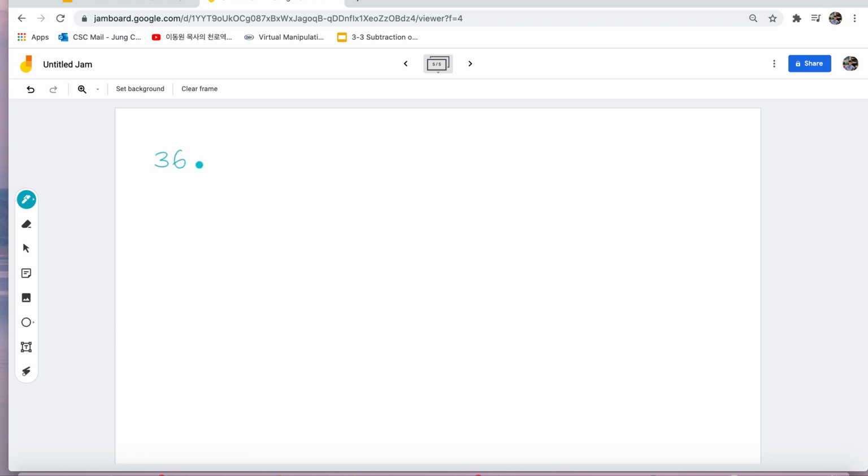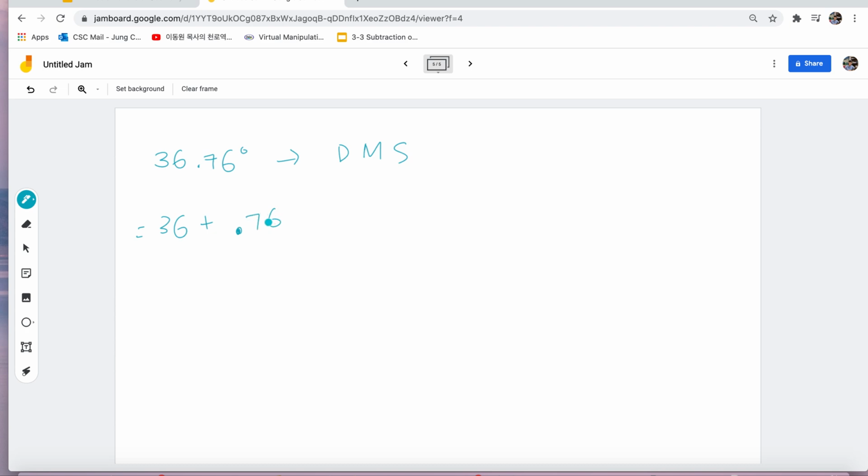Okay. What if you are given the other way around? So 36.76 degrees is given. How can you change this to degrees, minutes, and seconds? We know 36.76 is 36 plus 0.76, right?